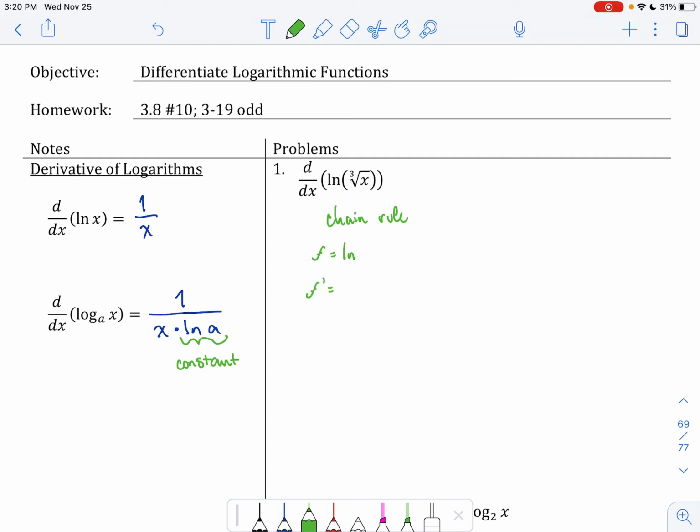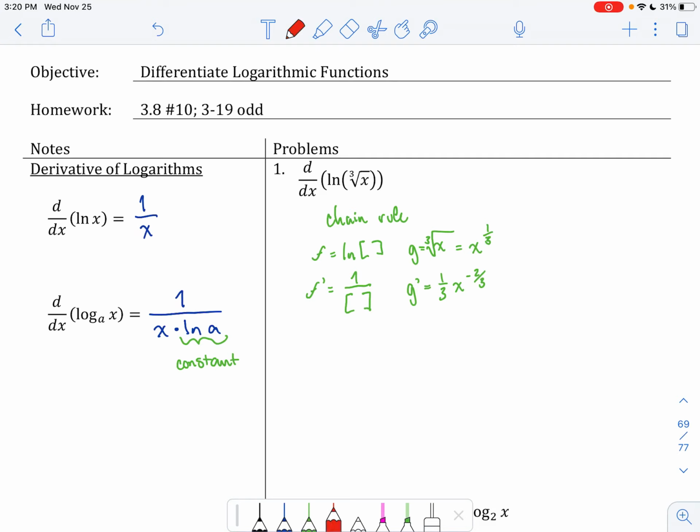So then f prime, using this new formula, is 1 over whatever's in here, g. I would rewrite the cube root as x to the 1/3. Using the power rule, that's 1/3 x to the negative 2/3.